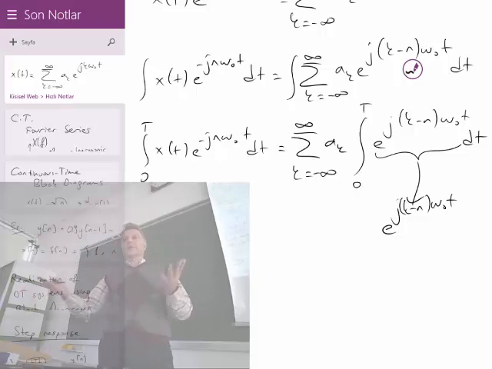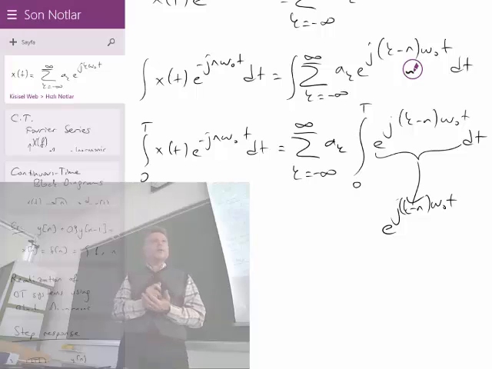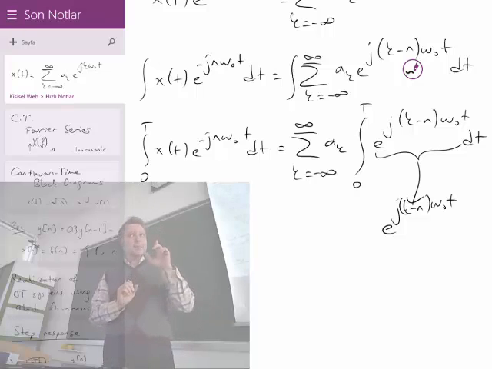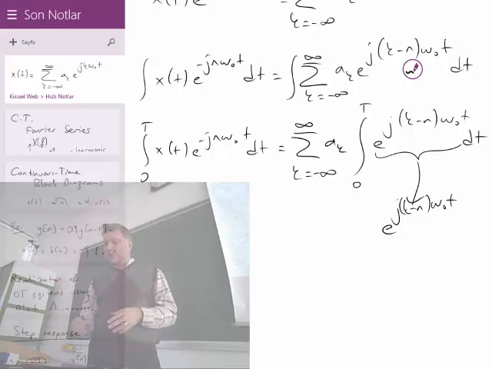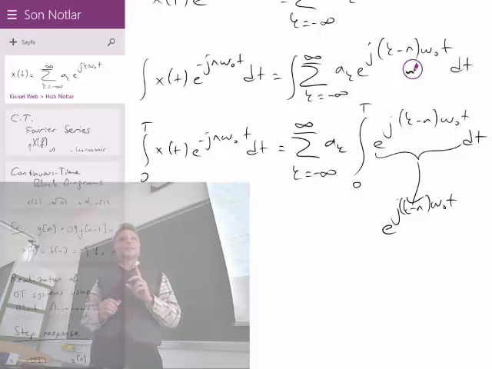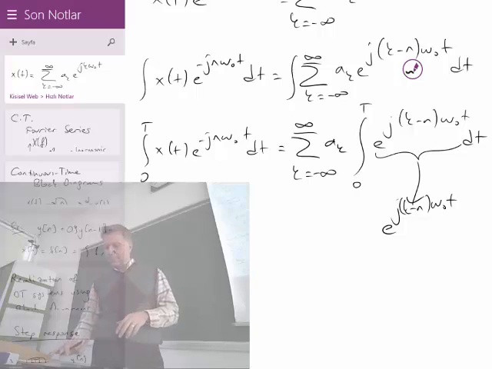of full cycles will appear, and therefore we will always get 0, except in one case, when k minus n is equal to 0, which means when k is exactly equal to n. Then e to the 0 is equal to 1, and the integration will not be 0, it will be the integral of 1.